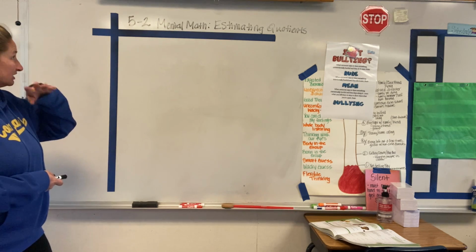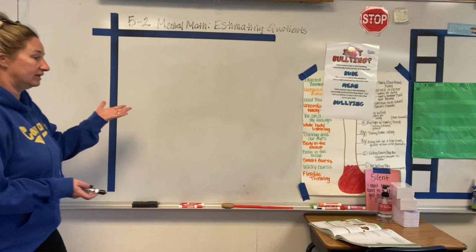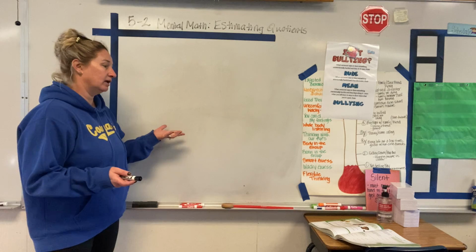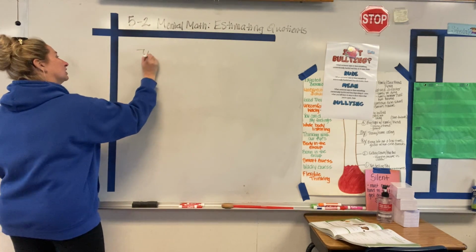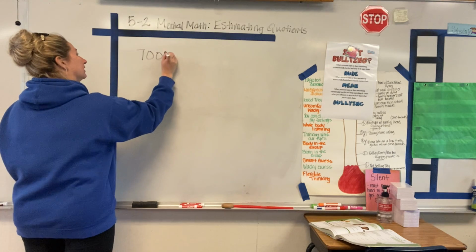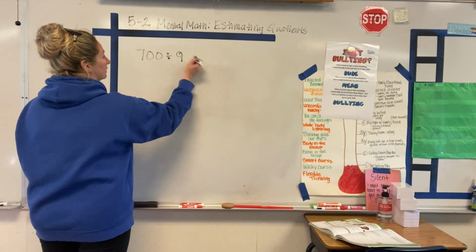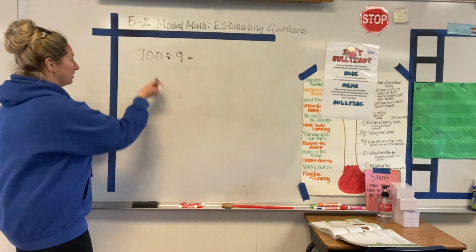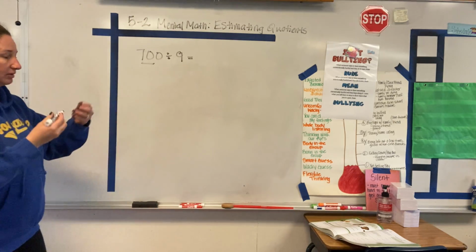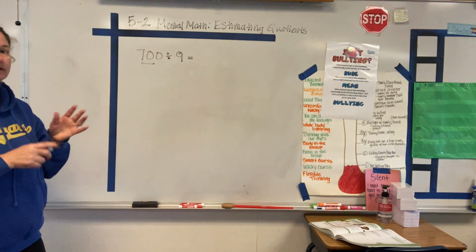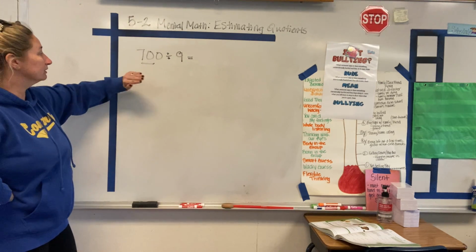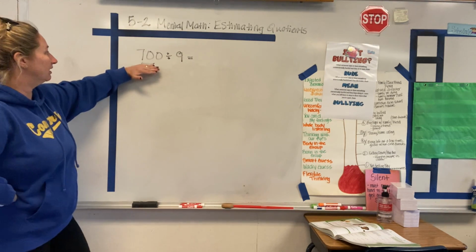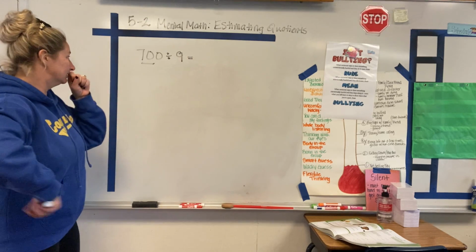So let's just go ahead and start with an example of what we're going to be doing today. Let's say we have 700 divided by 9, equals. Now, if I think about what I did in 5-1, I'm looking at the root problem, which would be 70 divided by 9.